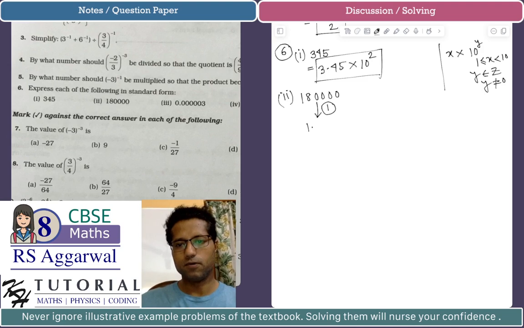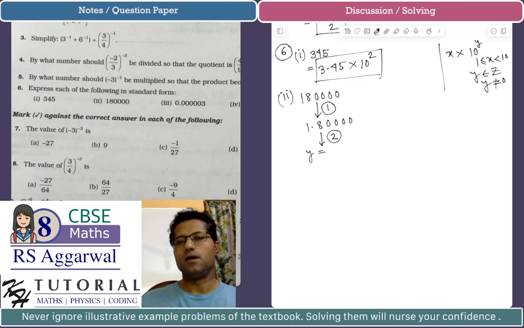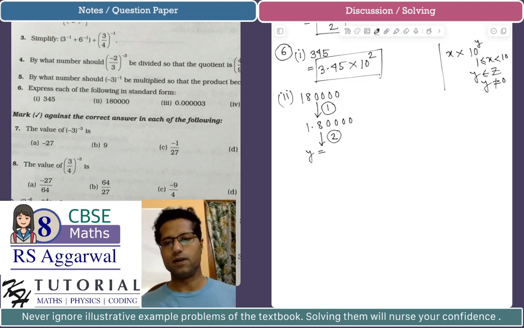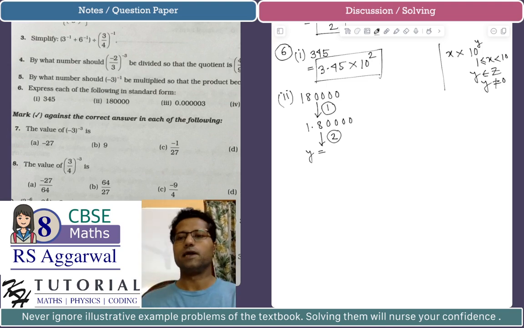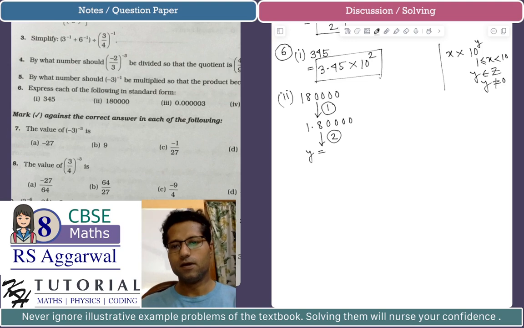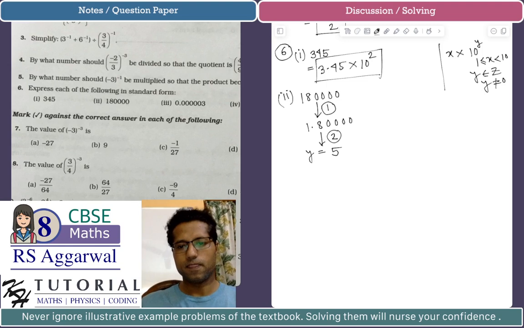So it becomes 1.80000. Now as step 2, we have to find y. Y will be the number of digits to the right hand side of the decimal point in the number obtained after step 1, which will be 5: the digit 8 and 4 zeros.